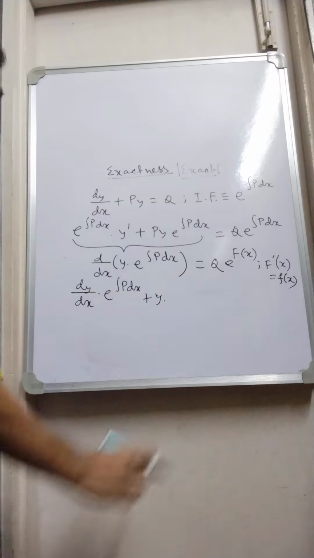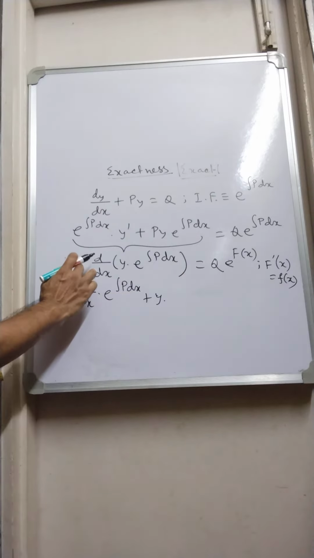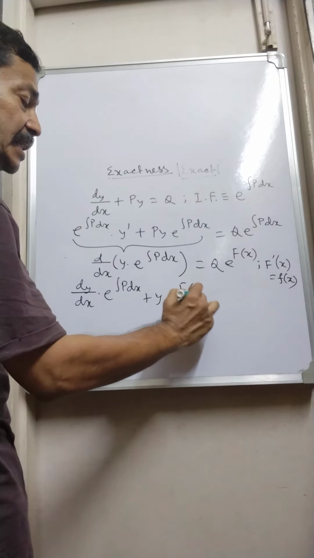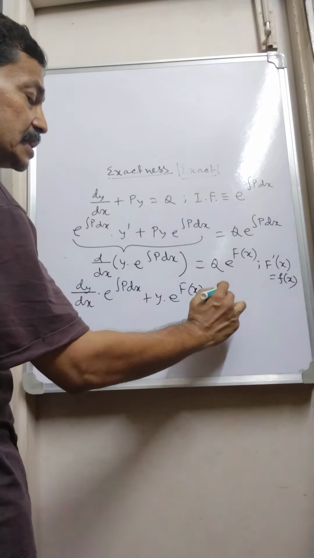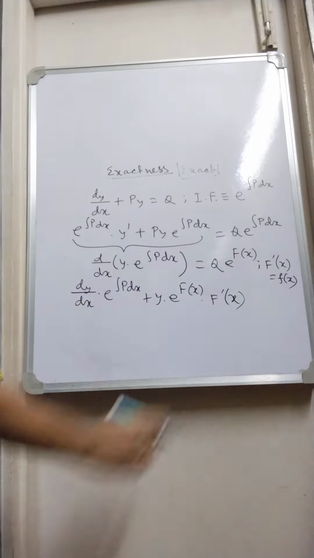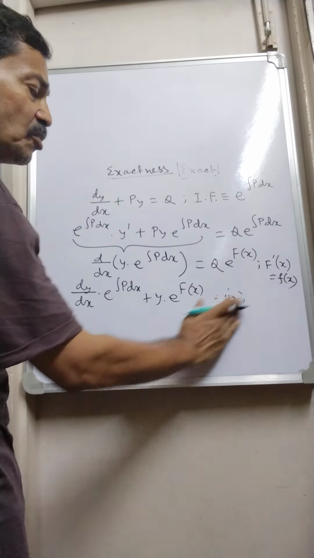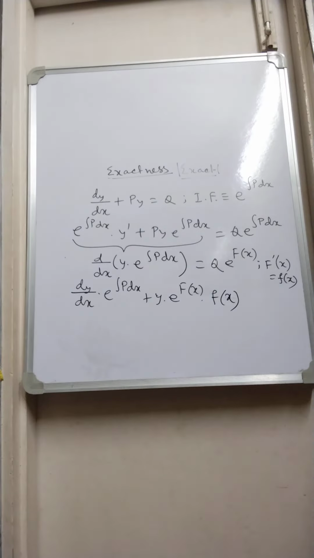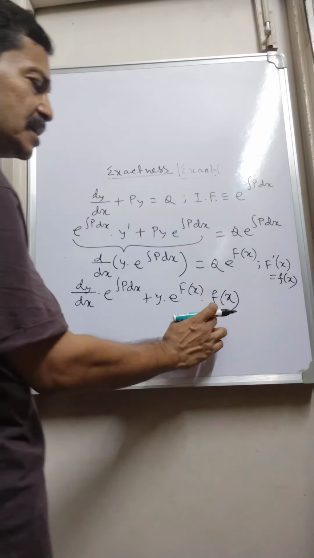Whenever you take the derivative of e to the power capital F(x) with respect to x, it gives nothing but this. Isn't it so? And what is F prime x? This is small f(x). And what is small f(x)?